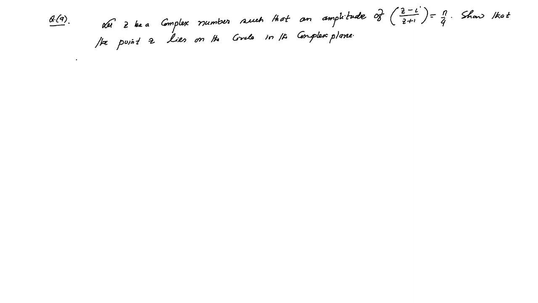Now we are trying to solve it. In every question, you will see one thing: what is exactly given, the given information, and what we have to prove. So here the given information is: Z is a complex number such that the amplitude of (Z minus i) by (Z plus 1) equals pi by 4.